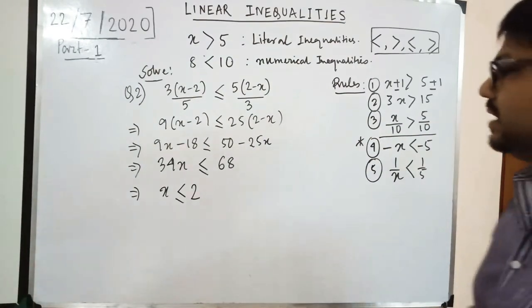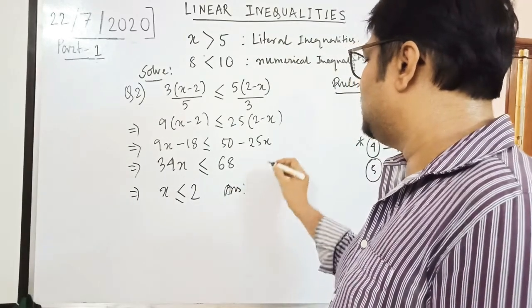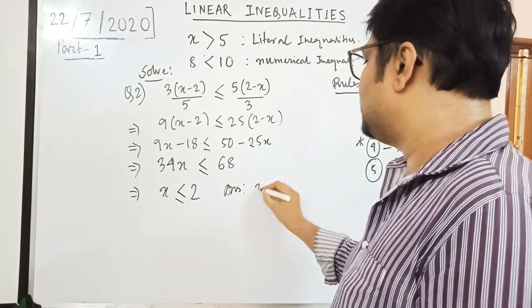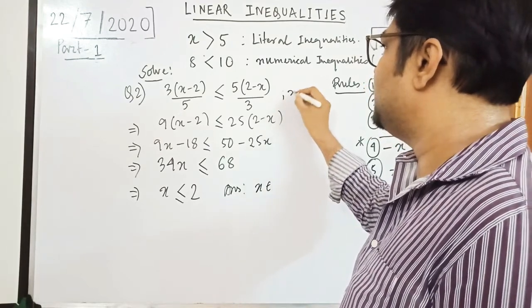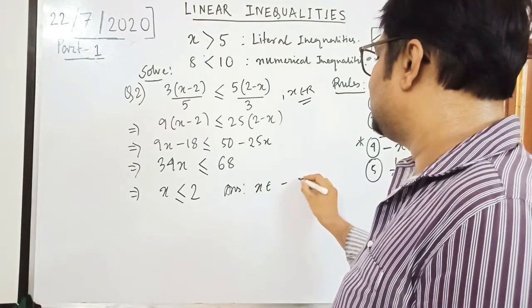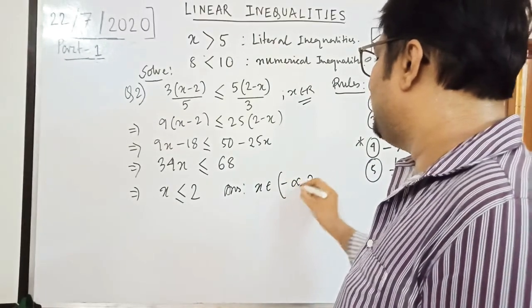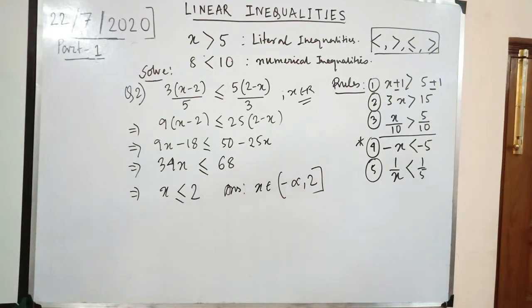So again you can write 3 kinds of answers, I told you. Either you can write this, or you can write x belongs to something like, if it is a real number, that means x belongs to R. So you can write something like minus infinity up to 2. It's an open closed interval. See this, it's lesser than equal to given.